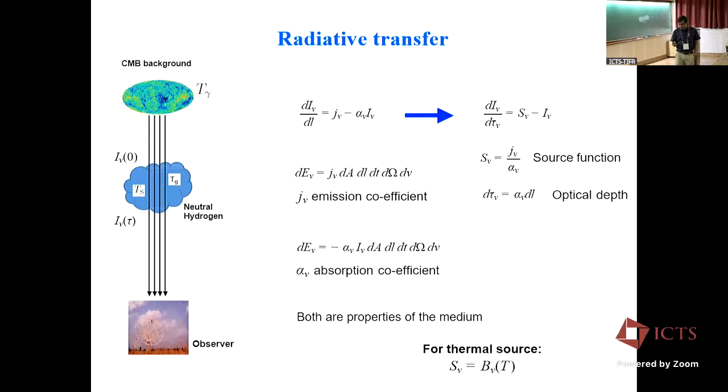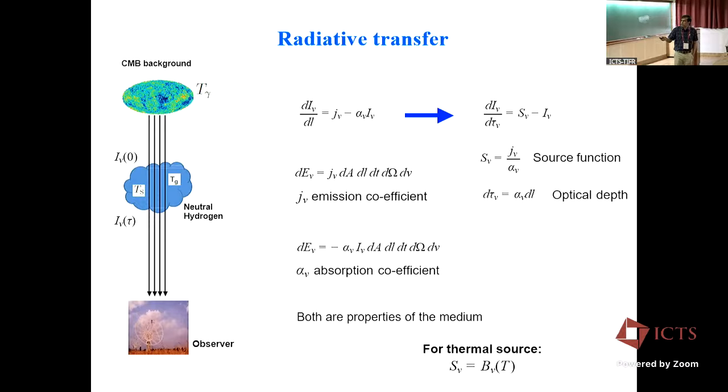Right. So with this background, let us now consider this picture. You have this CMBR background, and it is passing through some neutral hydrogen cloud. Now we want to measure the specific intensity at our location. We know the initial specific intensity is I nu 0, which corresponds to the background CMBR.